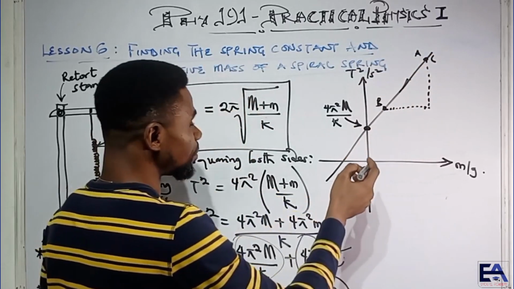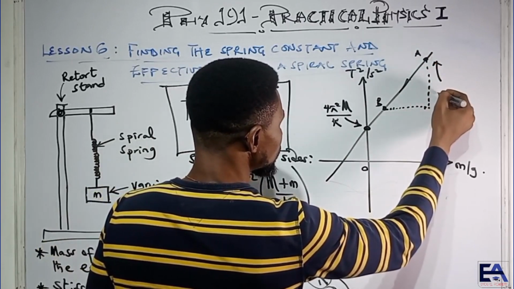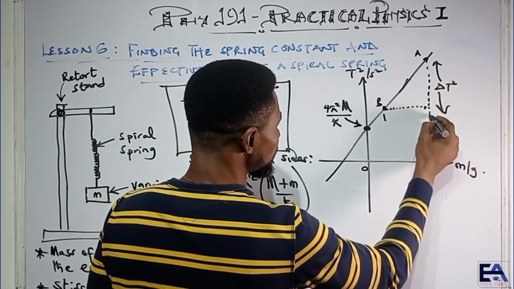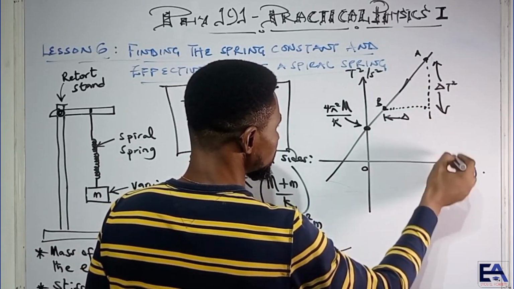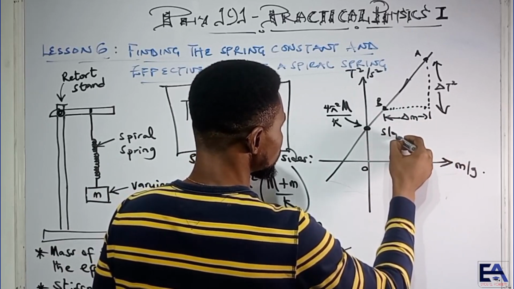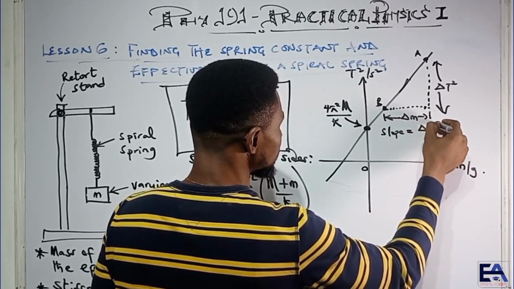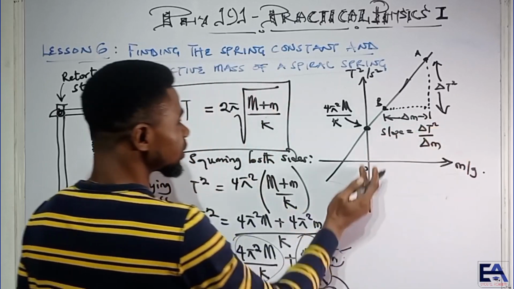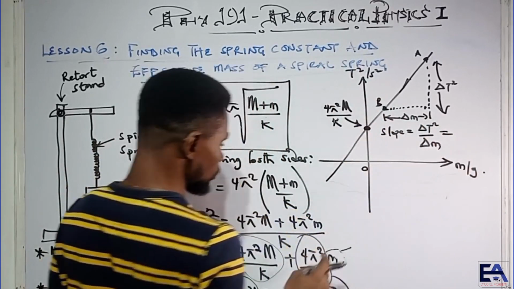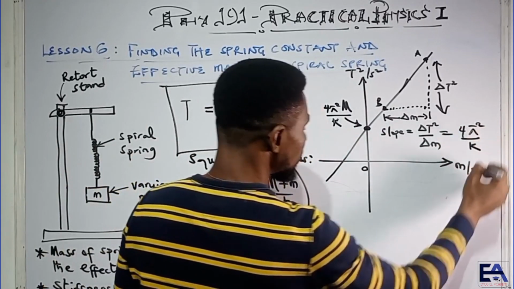The difference in value here gives us the change in t squared, while the difference in value here gives us the change in mass. So slope is equal to change in t squared divided by change in mass, that is change in y over change in x, which is equivalent to 4 pi squared over k.